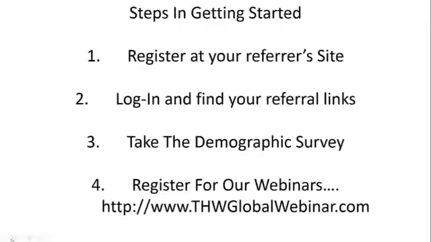So that's going to be on Thursdays, and once you register once at thwglobalwebinar.com, you're registered for both our Tuesdays and our Thursdays. And once again, if you're in a part of the world where the time that we do the live webinars just doesn't fit with you, that's okay.